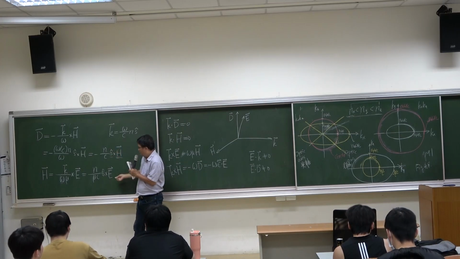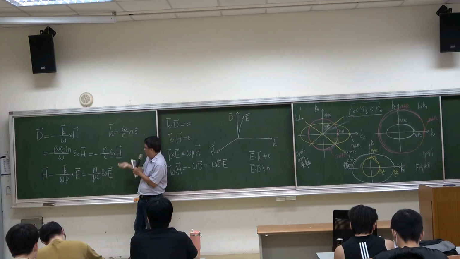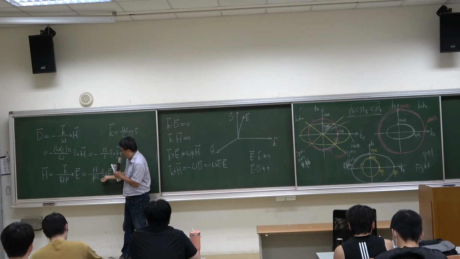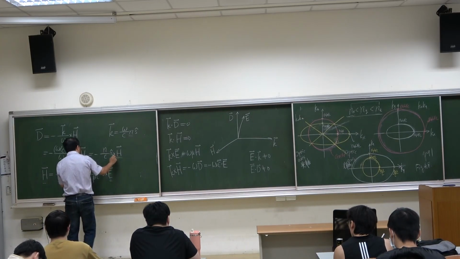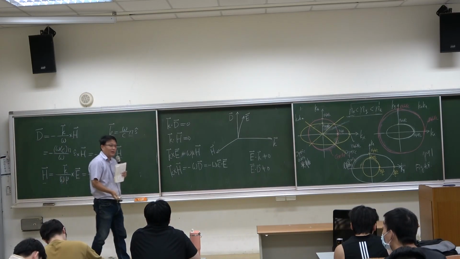Okay? So once we have solved n, we can calculate E and use the result to calculate H, and then use this result to calculate D. So finally we can find the D vector.